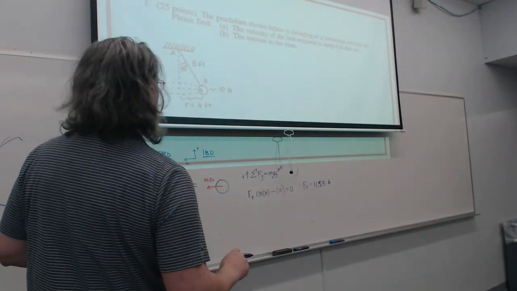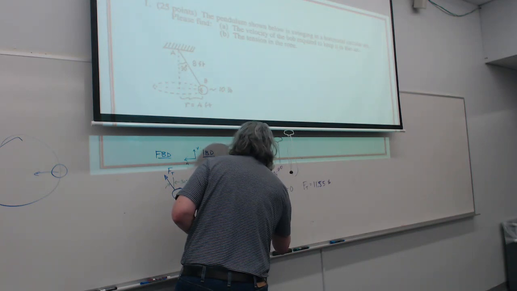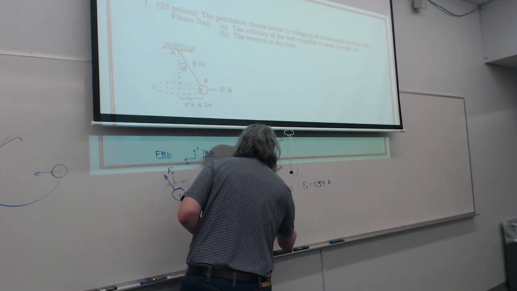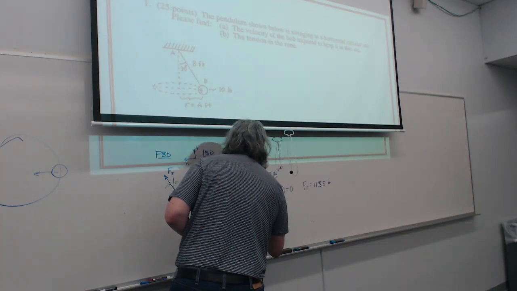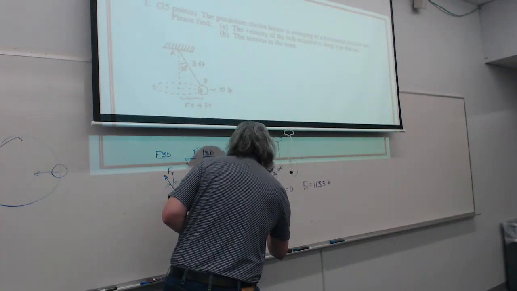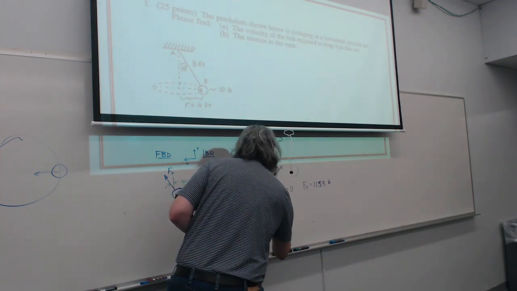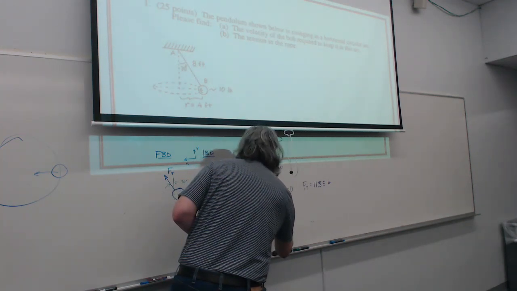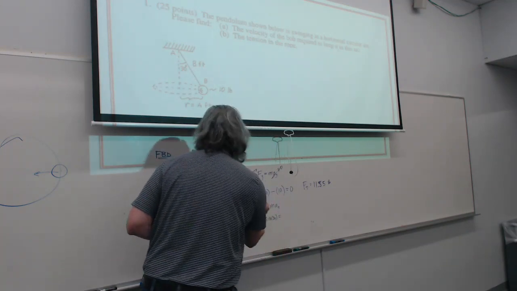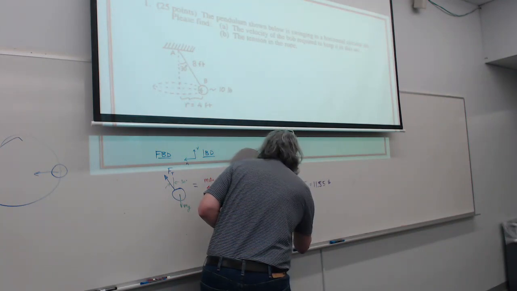And we said, okay, so the sum of the forces in the normal direction equals mass times acceleration in the normal direction. The normal direction is to the left, positive. So we will say that we have our 11.55 times the sine of 30 is going to be equal to our mass, which is going to be 10 over 32.2, times the acceleration.